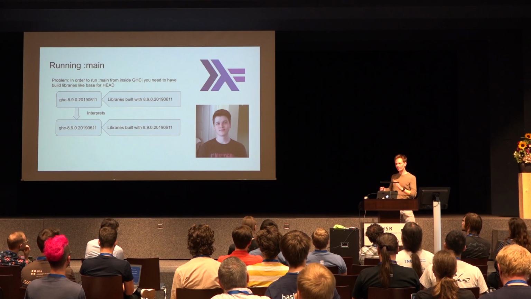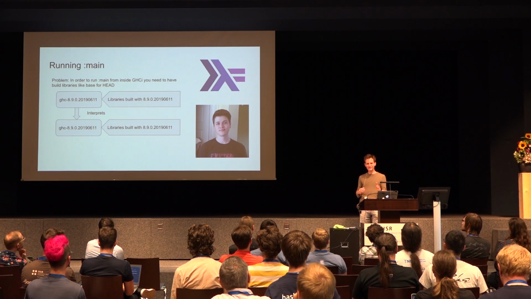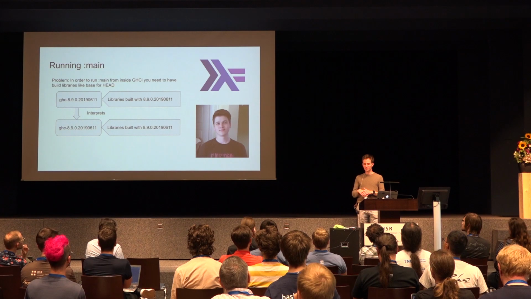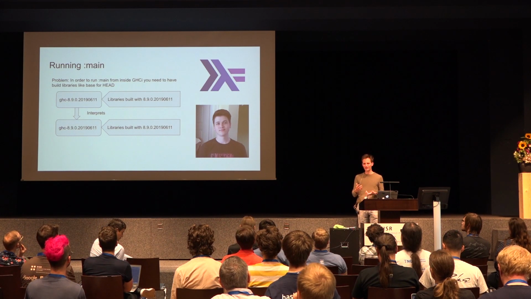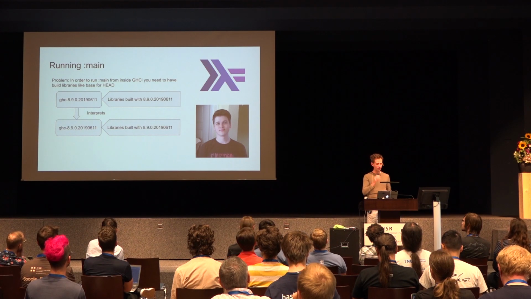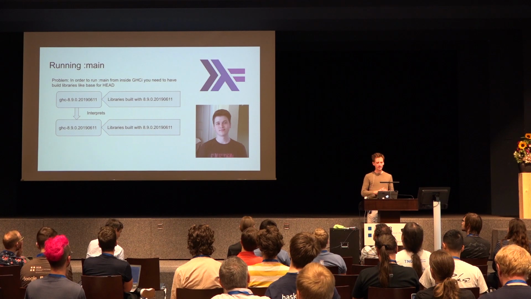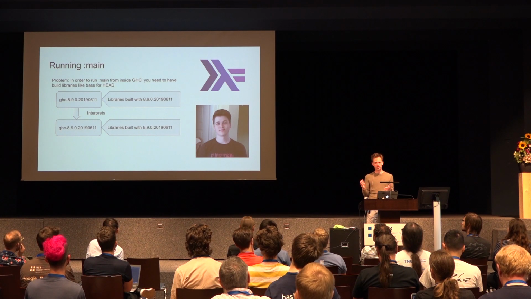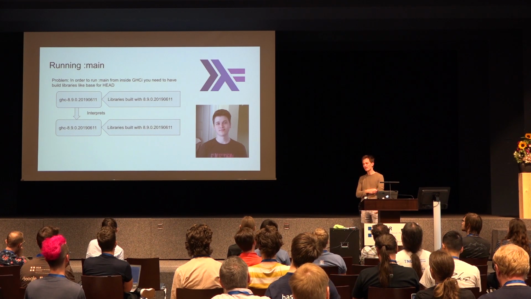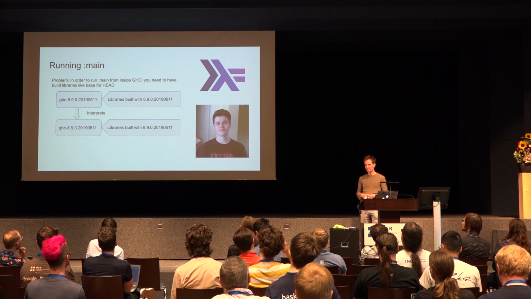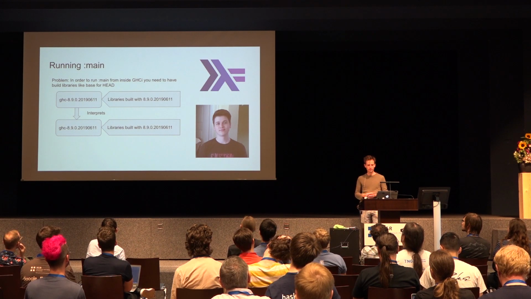I have got this to work one time, but currently the build, for some reason, doesn't work, and I didn't have enough time to debug why. So it currently doesn't work, but in theory it does work, and I have made it work once. So when you can run main, you can run any function in GHC in a less than normal experience, and you can compile a module using GHC and so on. So that works out quite nicely.